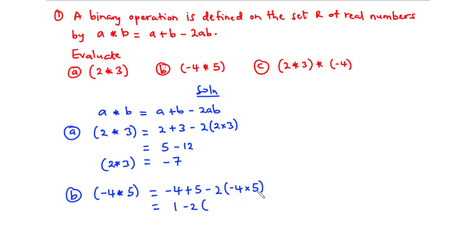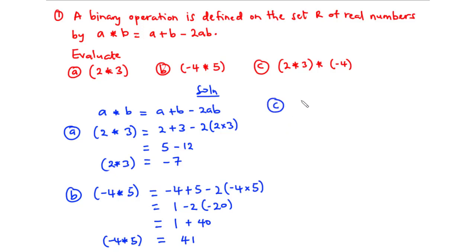Negative 4 times 5 is negative 20. So we have 1 plus, now negative 2 times negative 20 is positive 40. So 1 plus 40 is 41. So negative 4 star 5 is 41. Now let's solve for C.